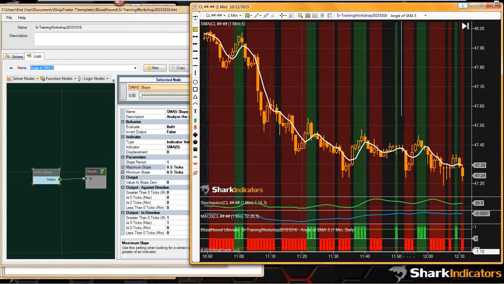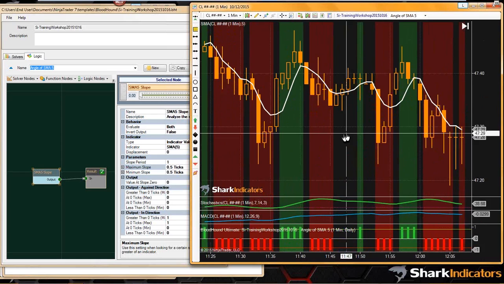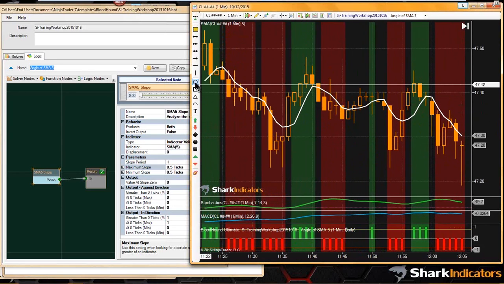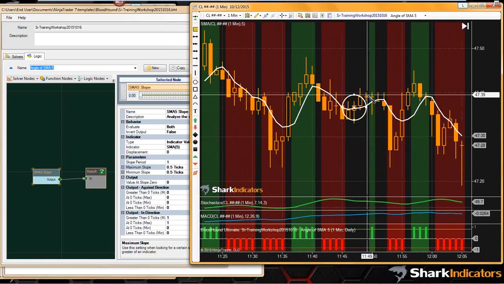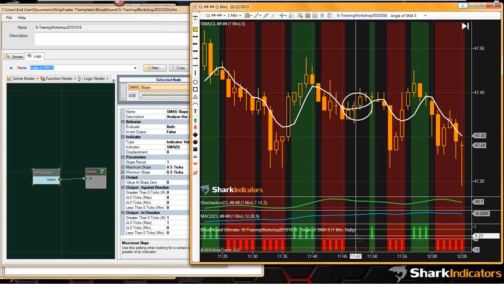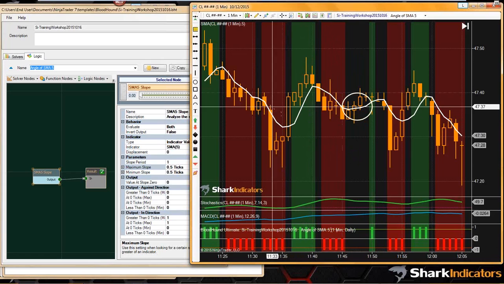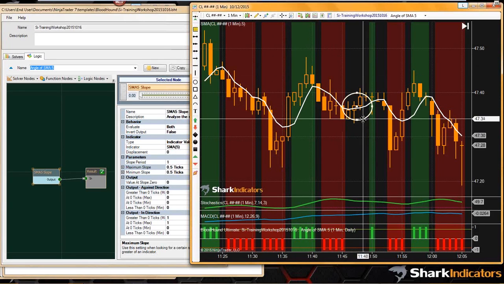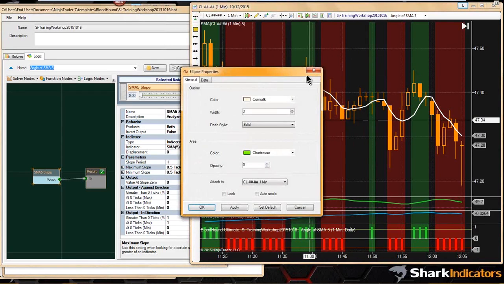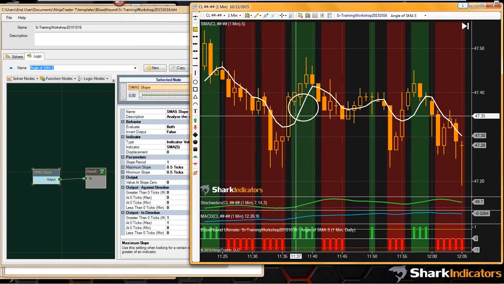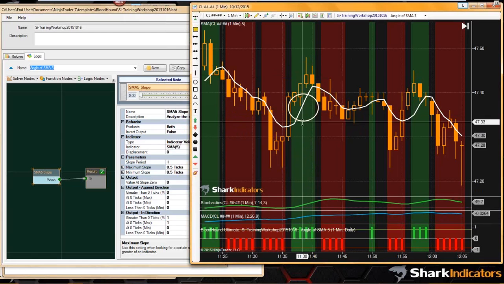If we look at the chart here, we can see that when our SMA flattens out a little bit, there's no BloodHound output, and only when the SMA has a pretty good slope on it. You can see here the SMA is sloping up pretty good, so we're getting a long output.